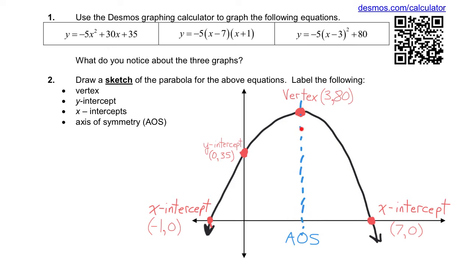What is the value of x on this line? Well, it's 3. We know that because the vertex has an x coordinate of 3, which means the value of x on the axis of symmetry is 3. So the equation of our axis of symmetry is x = 3.